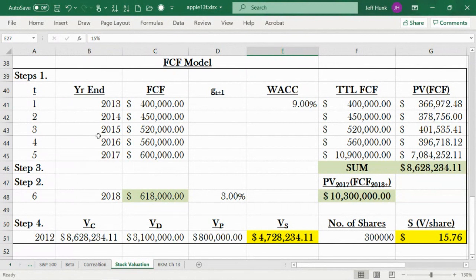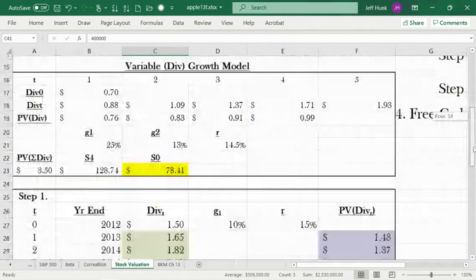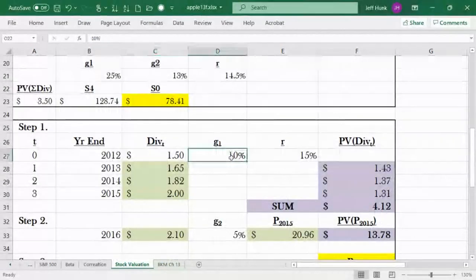So first of all, for the next 5 years, we have free cash flow forecast already generated. If you remember, in the variable growth model, there was a growth rate given.